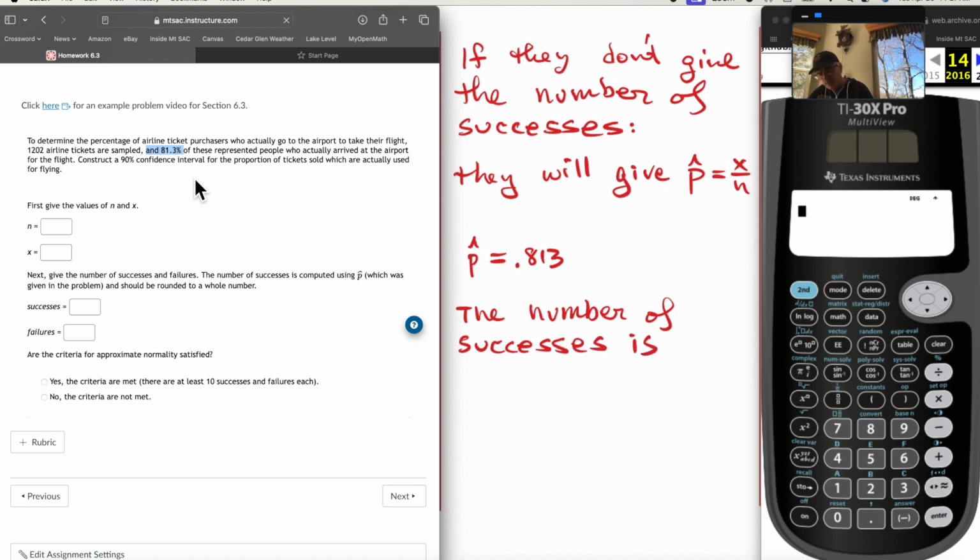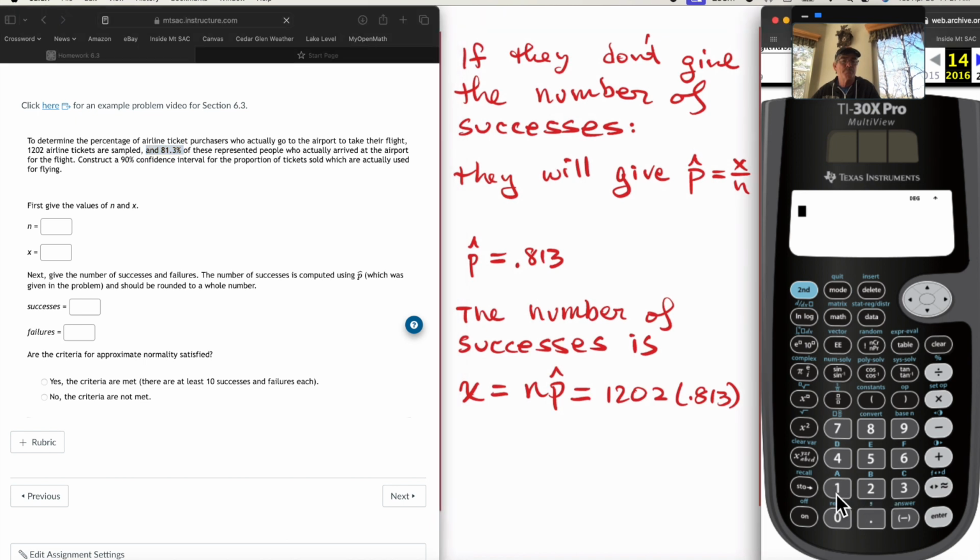You just take 81.3% of your sample size, so x will be n times p-hat, and n was 1,202. Okay, p-hat was 0.813. So just do that real quick. Oops.